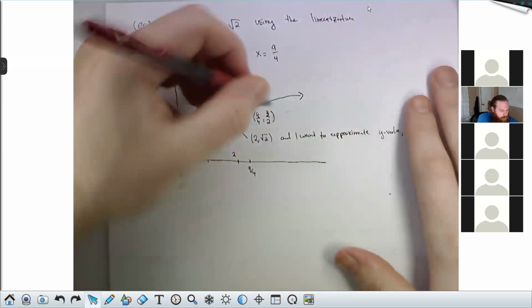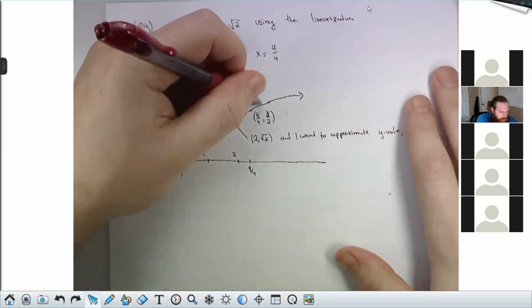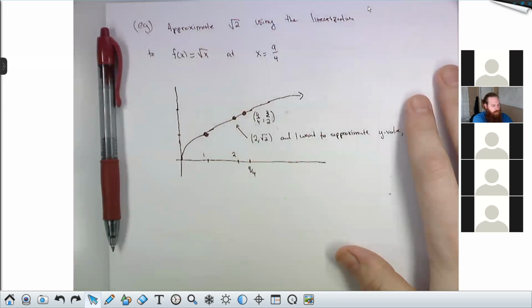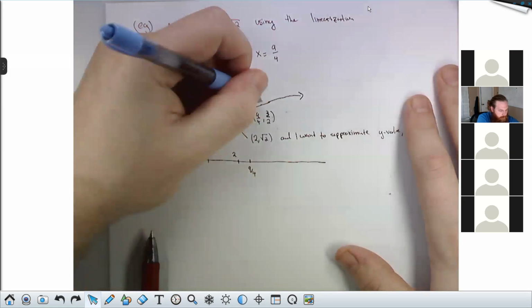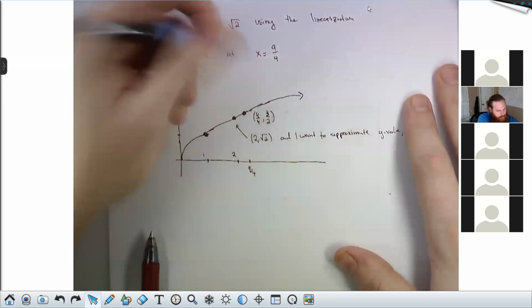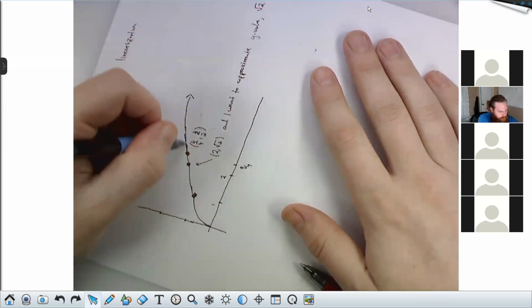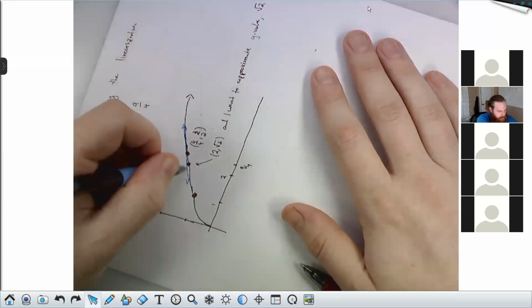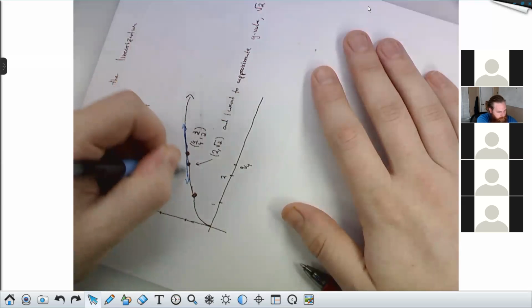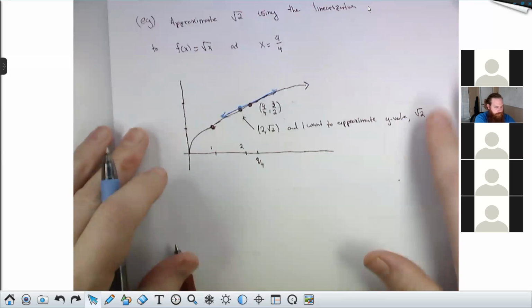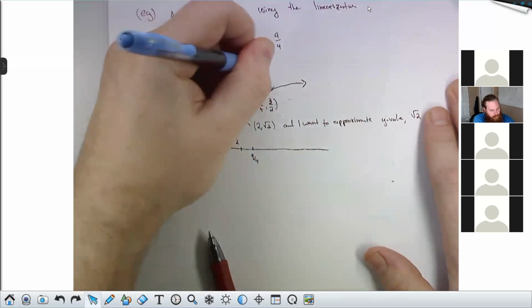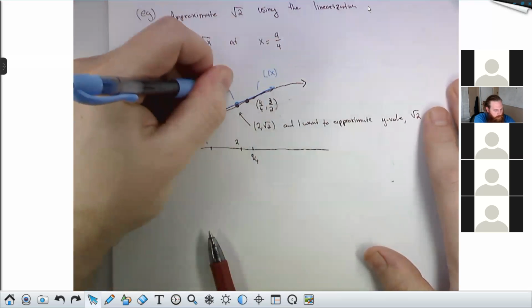So what I'm going to do is find the linearization, i.e. the tangent line, which is the blue line, and plug 2 in here.